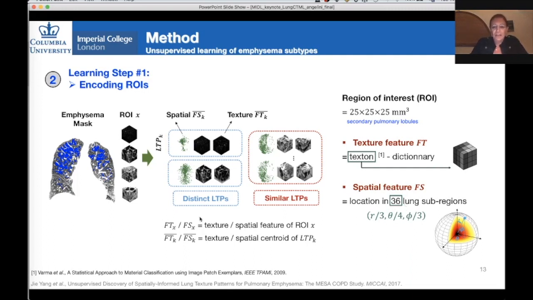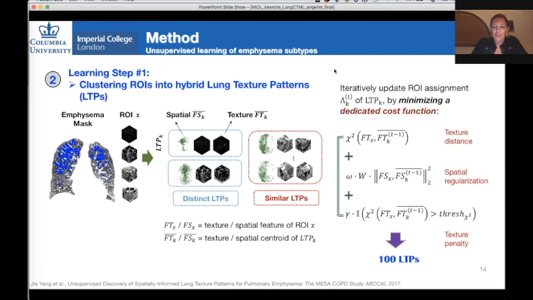And then we used, as a first step, a very classic clustering approach where we iteratively update the assignment of ROIs to individual lung texture patterns, LTPs, by minimizing a dedicated cost function, which is composed of three terms to constrain texture distance, to enforce spatial regularization, and to also enforce some texture penalty differences.